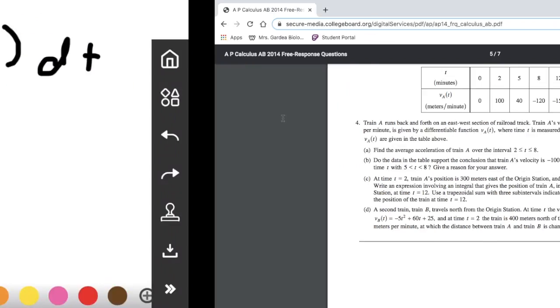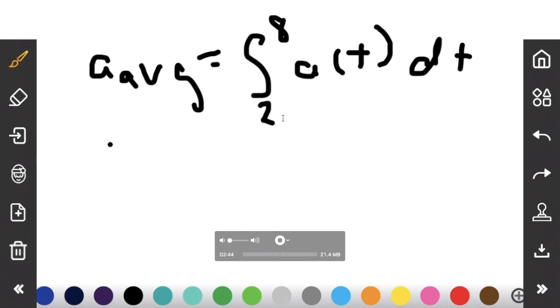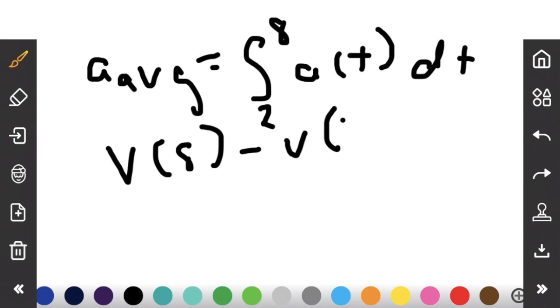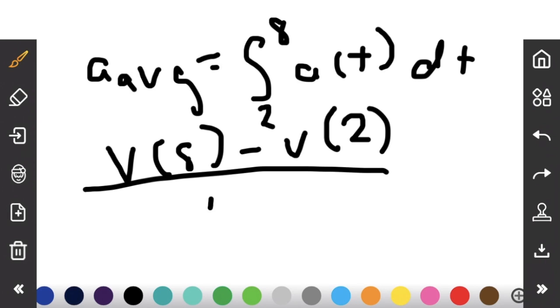So v of 8, because a of t, its integral would be v of t, minus v of 2. This is just the slope formula, over 8 minus 2.